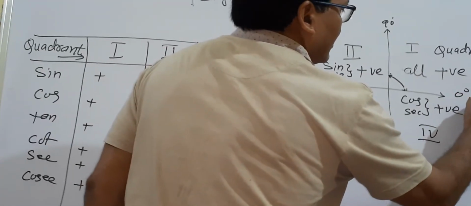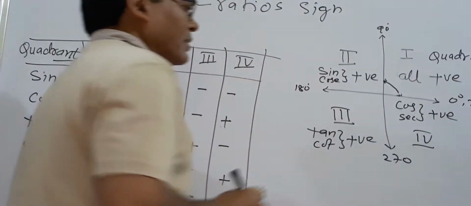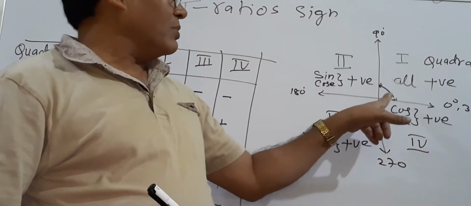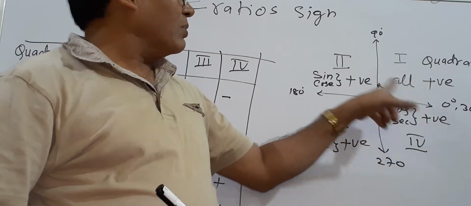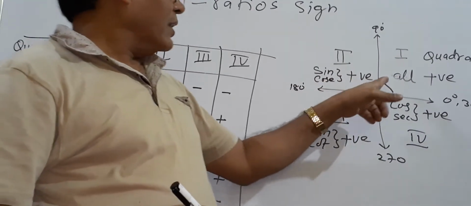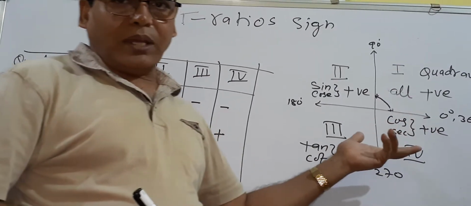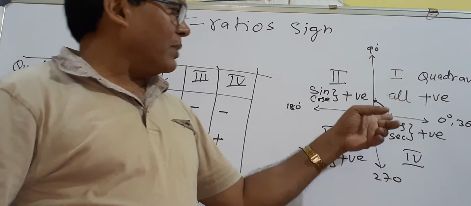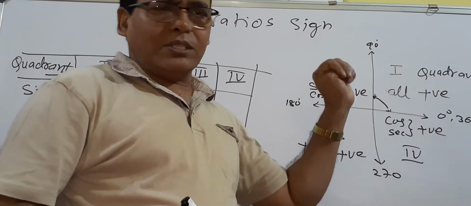Here we can say 360 degree or 0 degree. So if the value of any T ratio is between 0 and 90, all will be positive. Suppose sine 90, sine 45, sine 60 or cos 60, cos 45, cos 30, all will be positive.